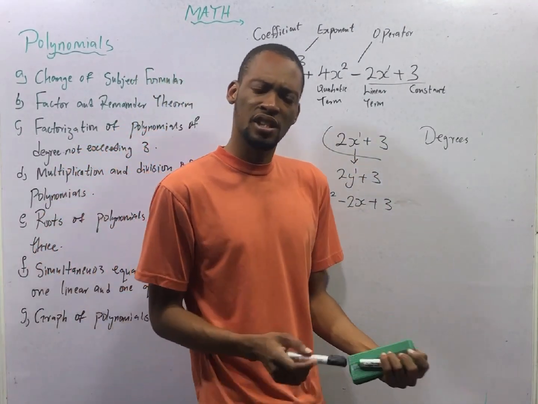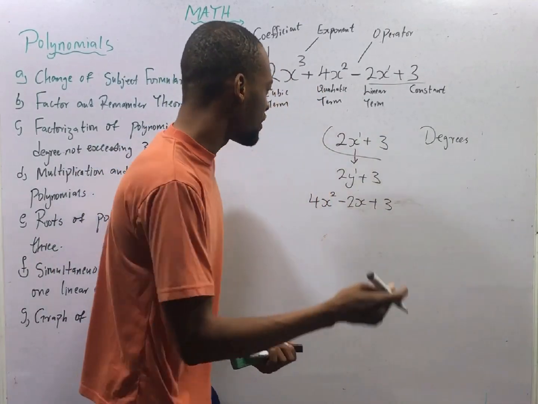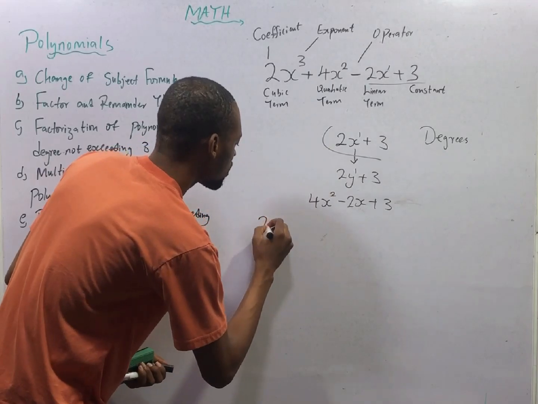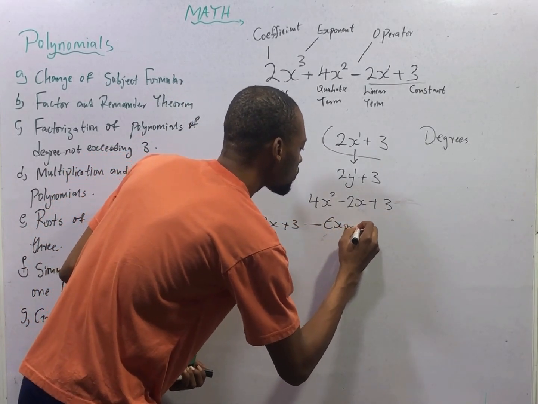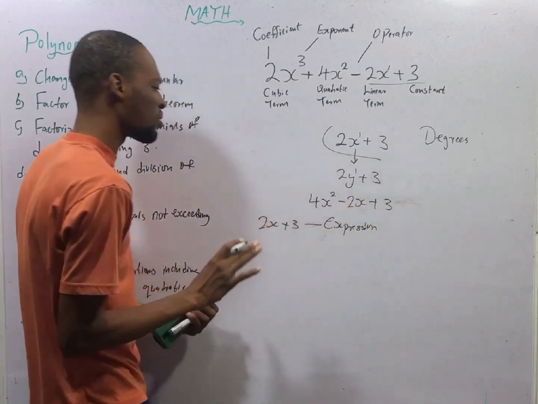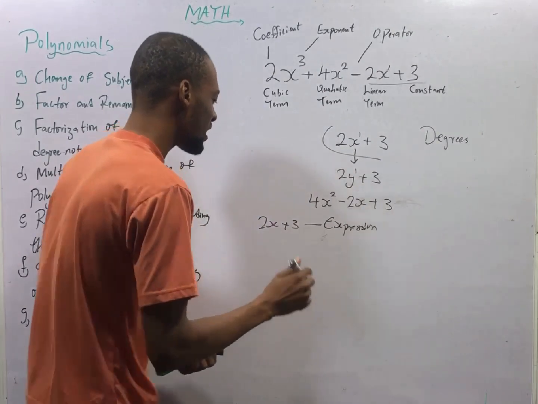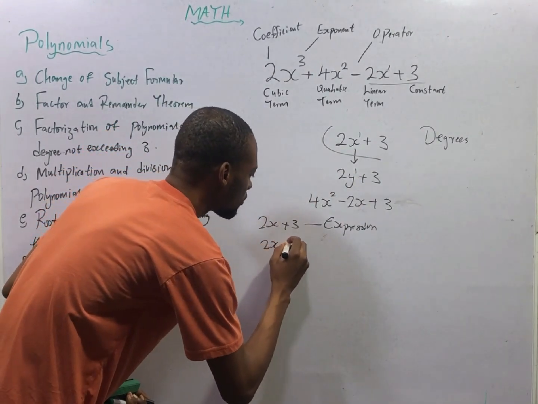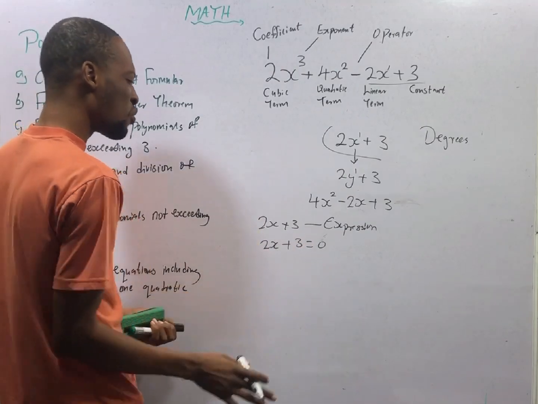There is a difference between an expression and an equation. This here, like 2s plus 3, is an expression. And what type of expression? A linear expression. How about I do something like this: 2s plus 3 equals 0. This is an equation.